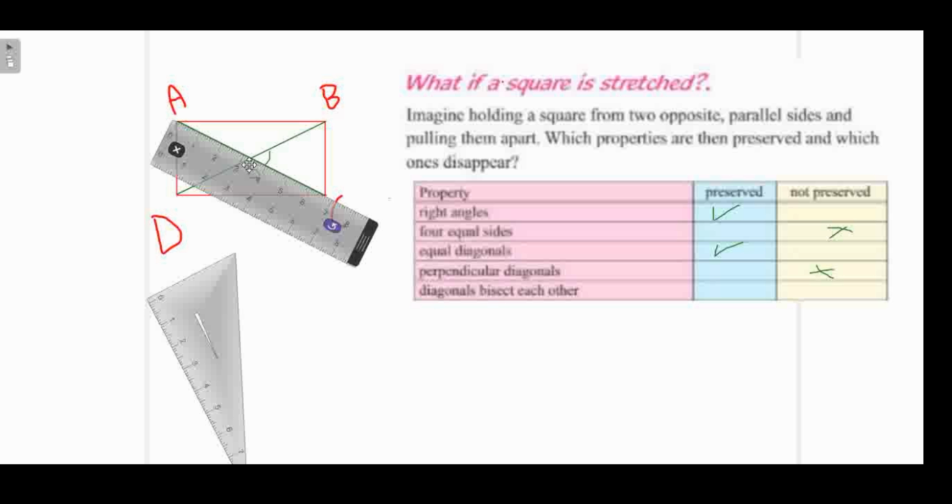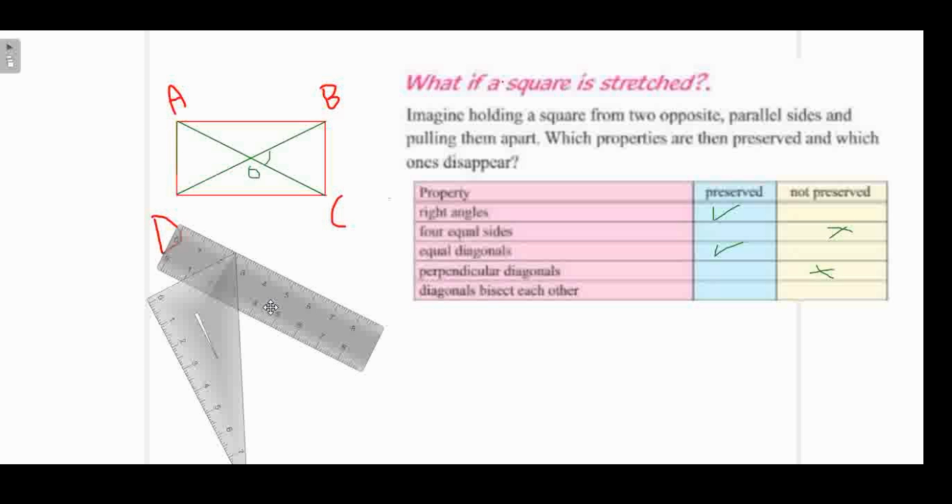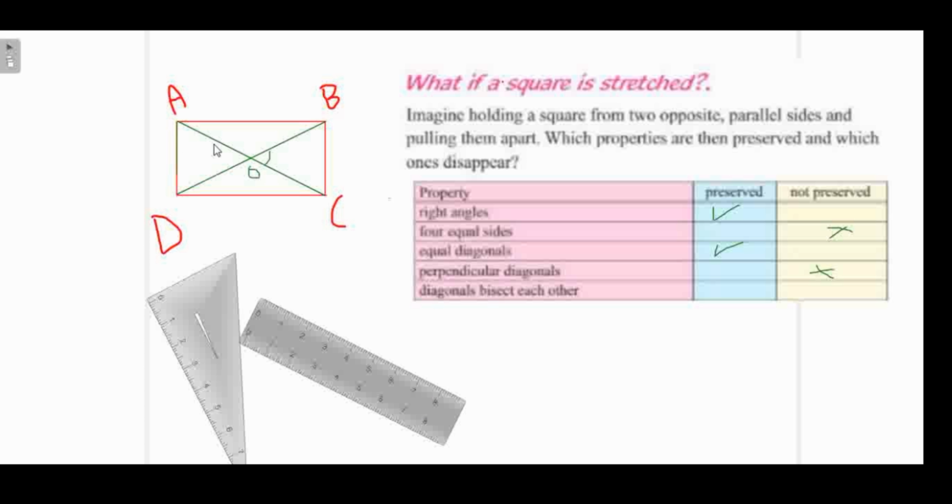Here, yes, O is approximately between 3.3 and 3.4. So O is the midpoint of AC and O is the midpoint of DB, then yes, the diagonals bisect each other. So you can see some properties are the same and some are not the same for a square and for a rectangle.